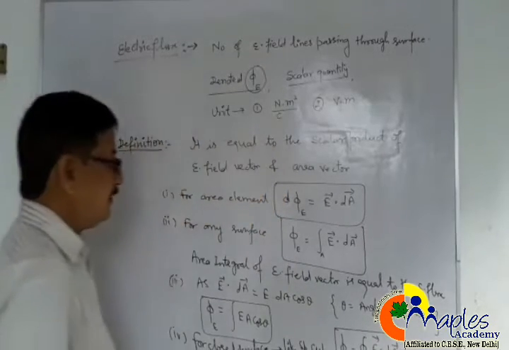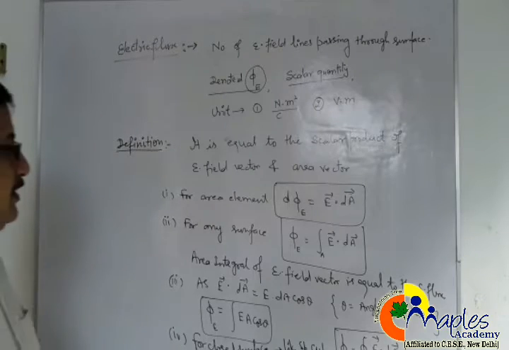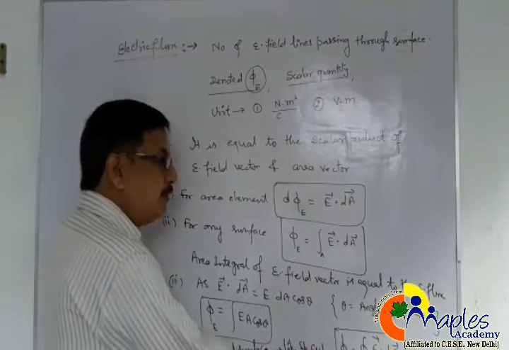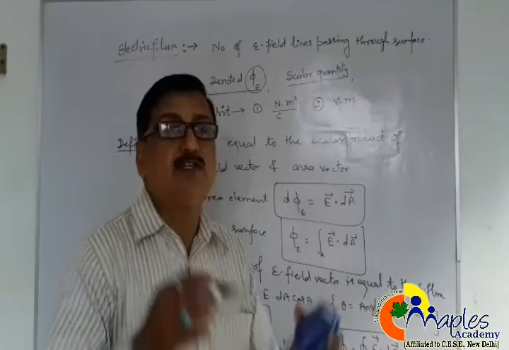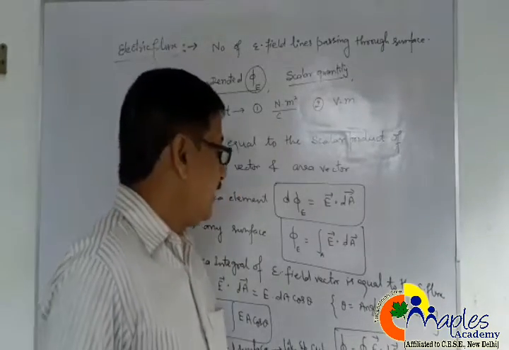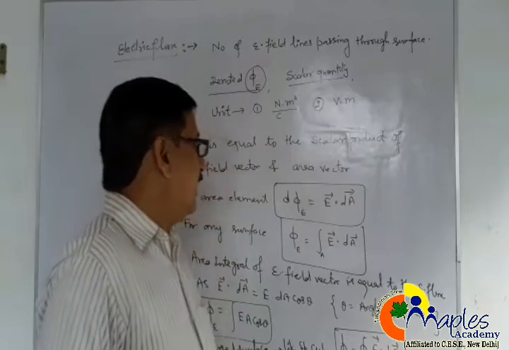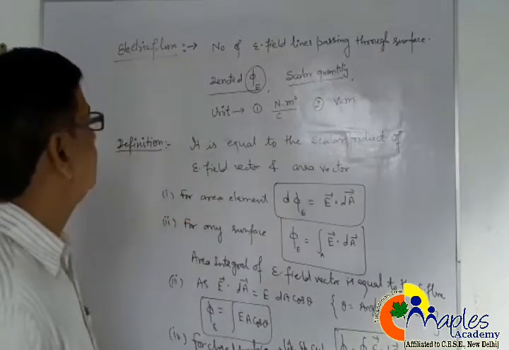This is the electric flux. Mostly when we study Gauss theorem and its application, we will take a Gaussian surface, meaning a closed surface. So again and again we use this, and we will start from this.